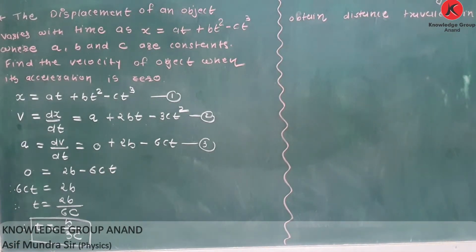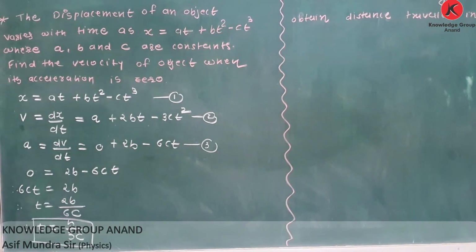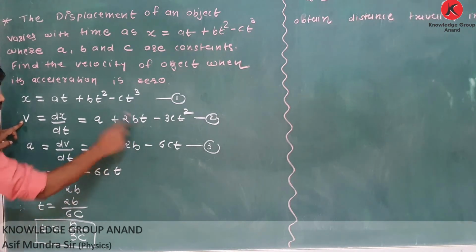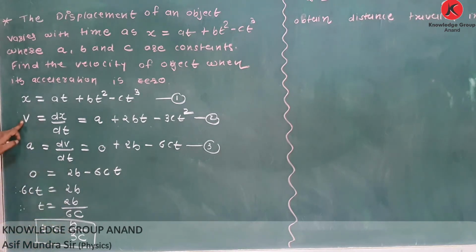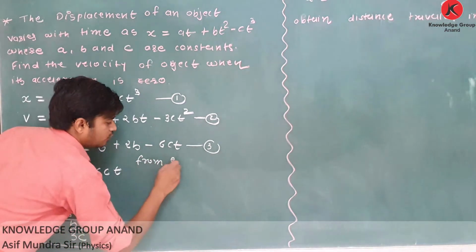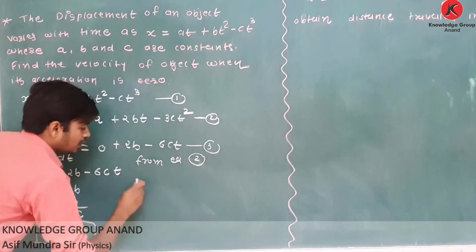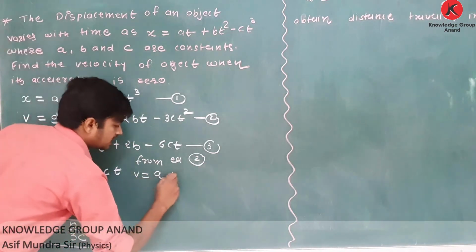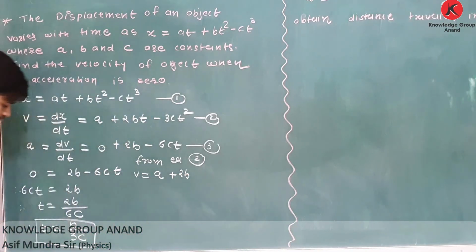You have to find velocity when acceleration is 0. So in equation of velocity, now you have to put time t is equal to b upon 3c. How? See, from equation number 2, v is equal to a plus 2b, what is value of t?